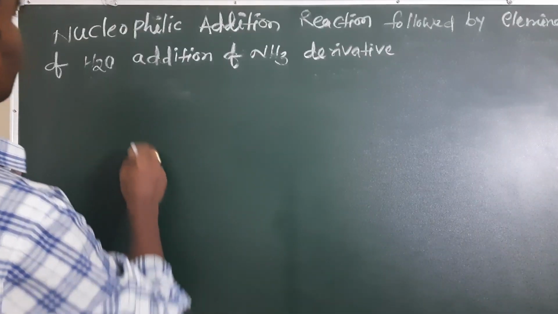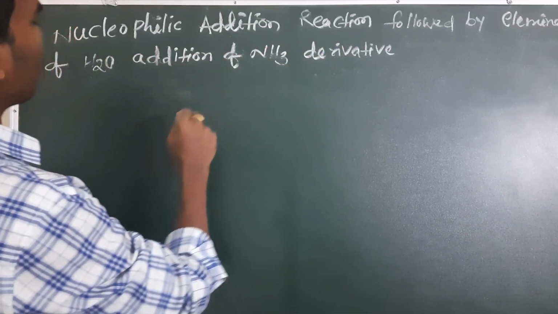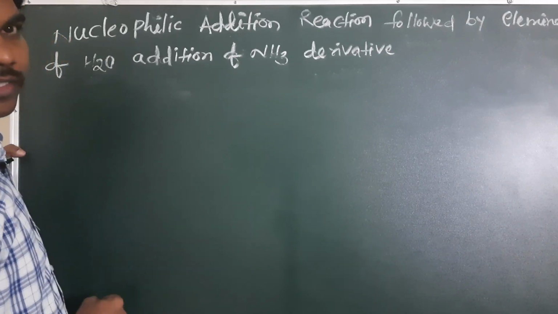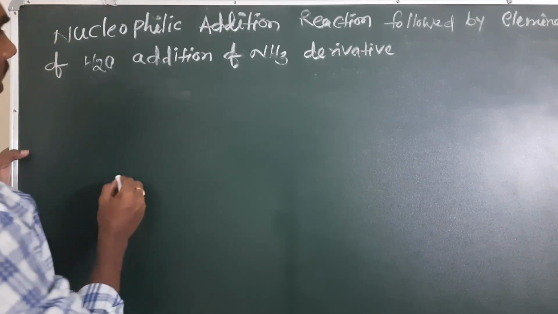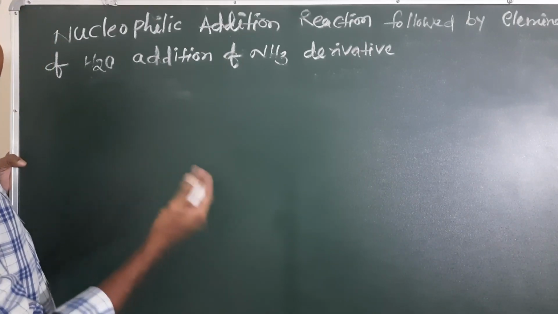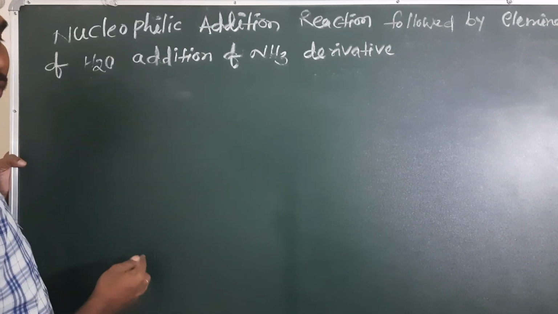So the next concept: nucleophilic addition reaction followed by elimination of water, addition of ammonia and its derivatives. First I will take ammonia. With ammonia I will explain the mechanism, and after that I will explain the derivatives of ammonia.